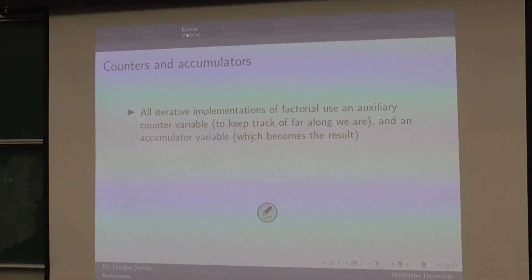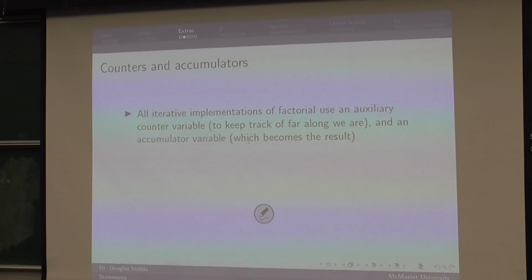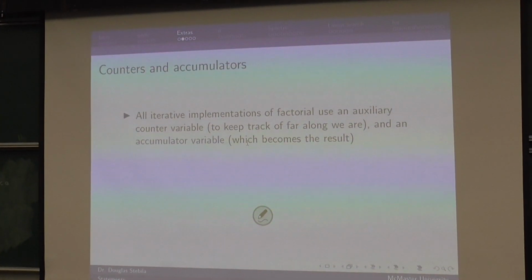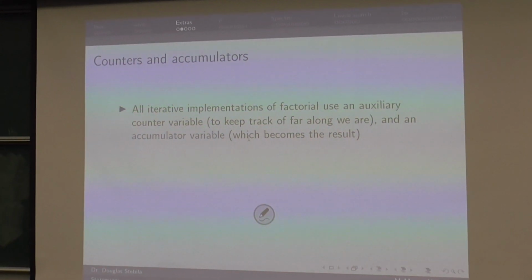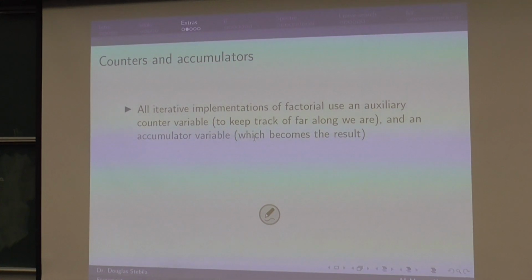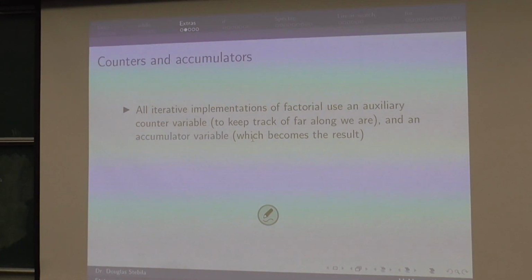So, counters and accumulators. All iterative implementations of Factorial use an auxiliary counter variable to keep track of how far along we are, and an accumulator variable, which becomes the result.